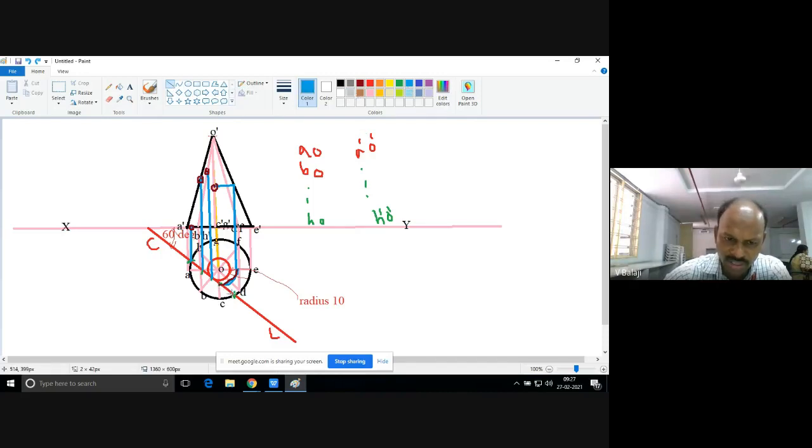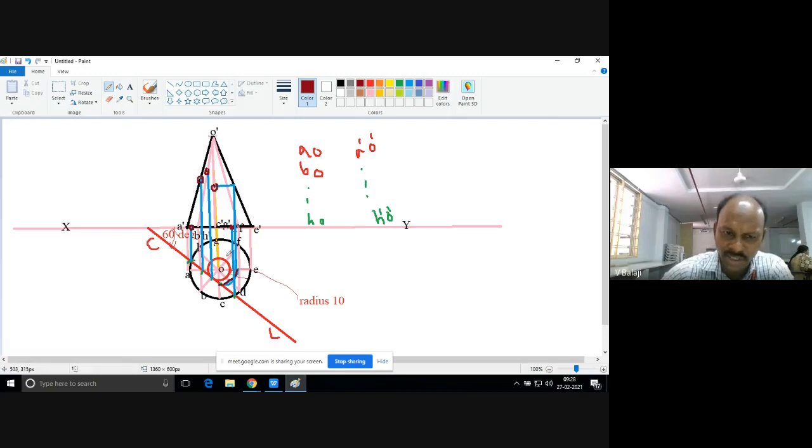So from this green point, simply I will drop one projector. Okay, I will get somewhere on the base. I need to stop here. So if you take one more cutting point here on the reference line, totally how many points did I get? 1, 2, 3, 4, 5. Okay, how many cutting points in the top view? 1, 2, 3, 4, 5.